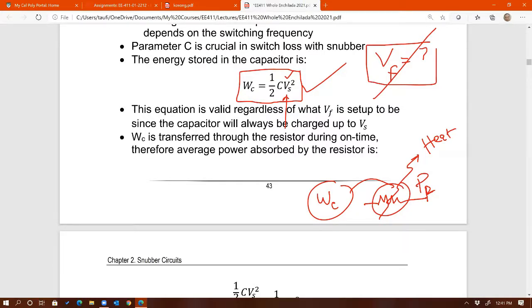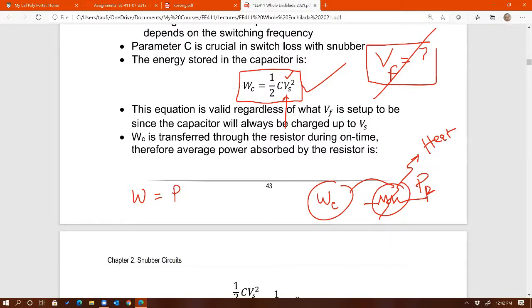Well, the resistor receives the same amount of energy, but we are interested in calculating power, not energy, right? Power is in watts, energy is in joules. And so how do we do that? Well, we know that W is related to P, right? How? Anybody knows? W times F equals P?